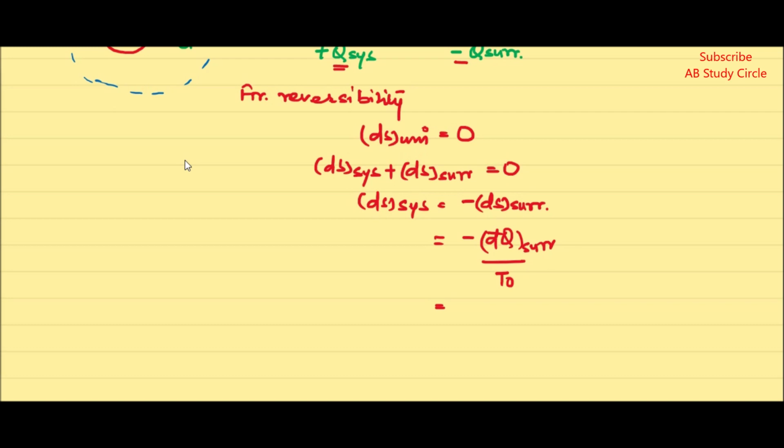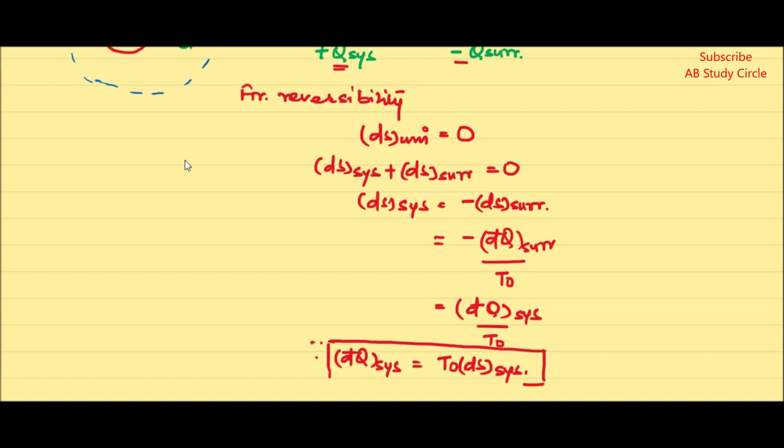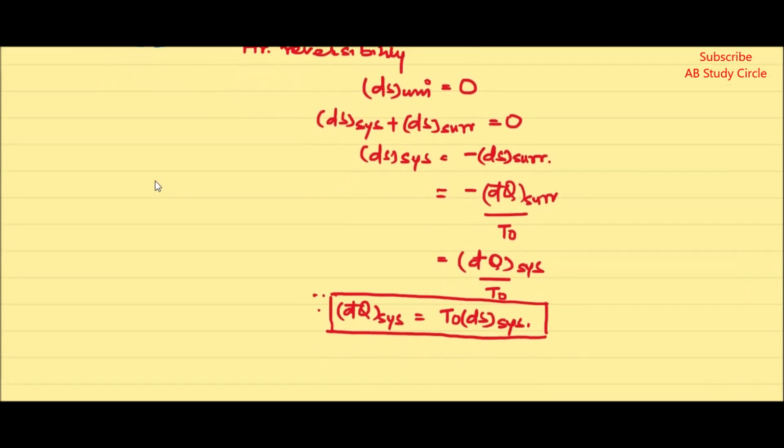So I can write it as d cut Q for the system by T0, and from here we find that d cut Q for the system is T0 dS system. We will apply this later in the video.